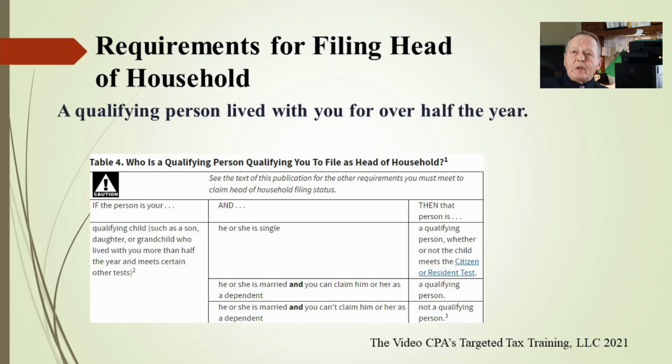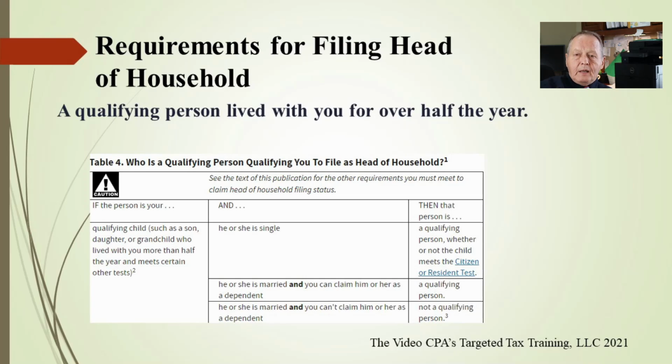So just remember that about your immediate family members, okay? Son, daughter, grandchild, that's an extended family member in some ways, but if they're single and they've lived with you over 6 months of the year, you can take them as a qualifying person. They help you qualify for head of household, okay?